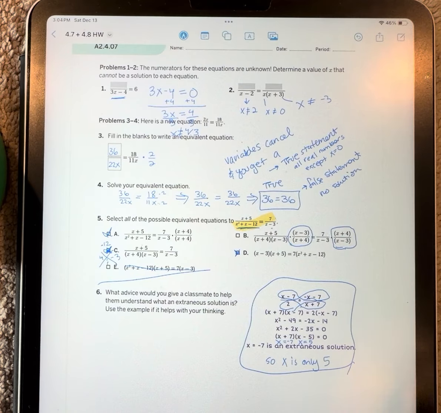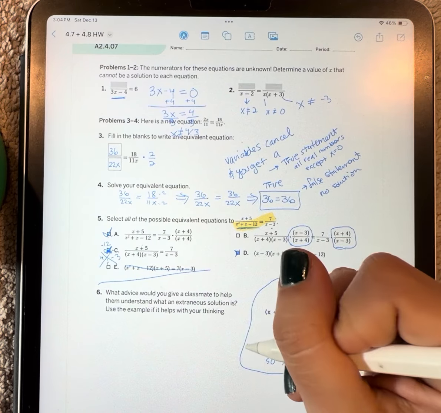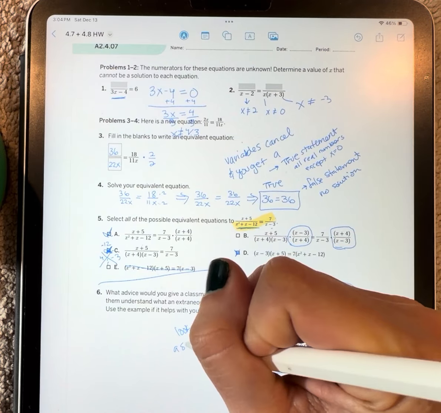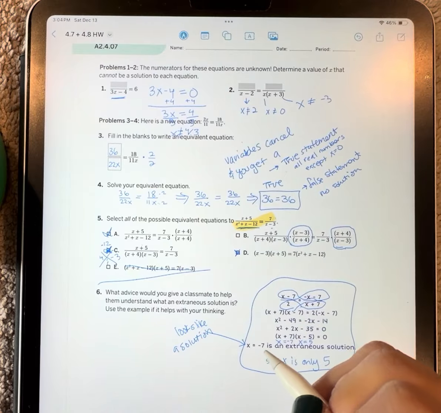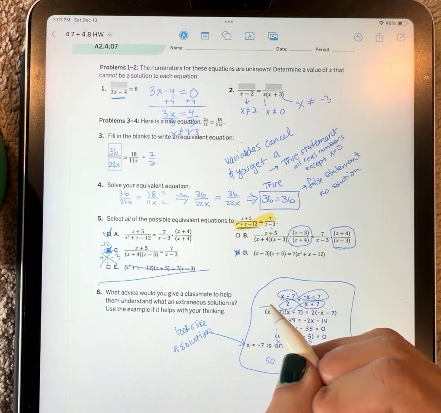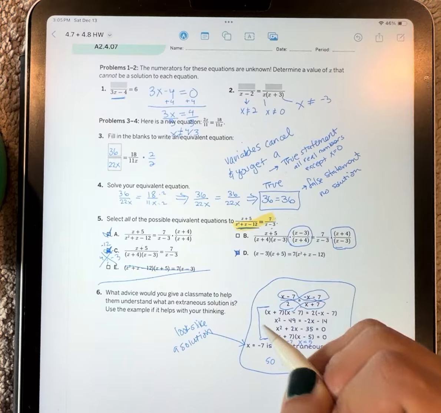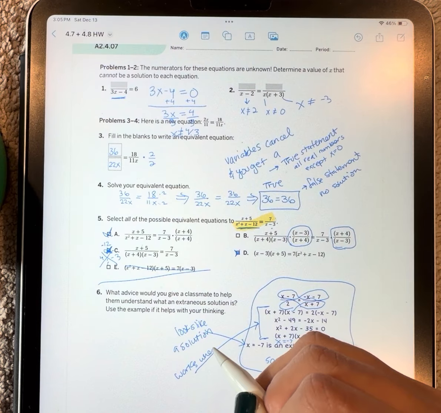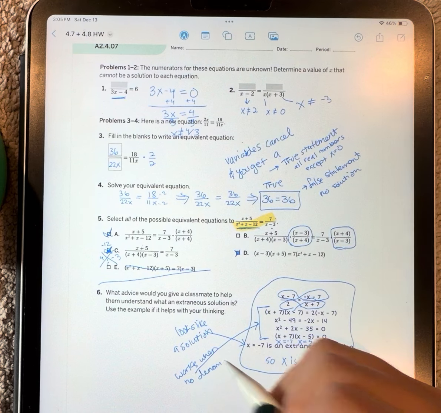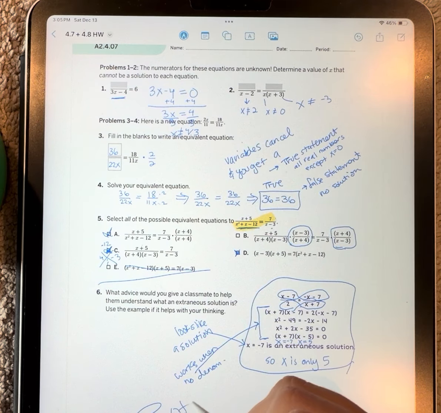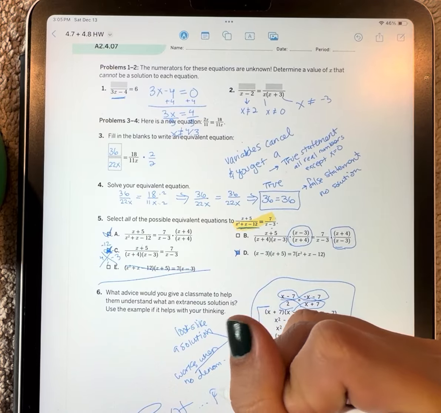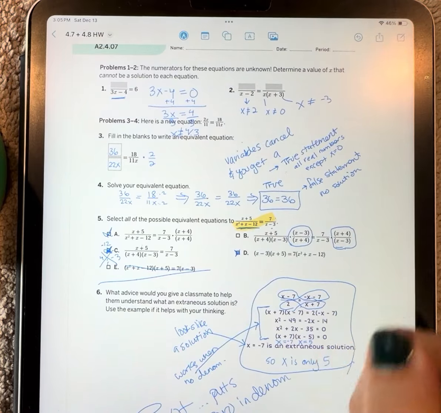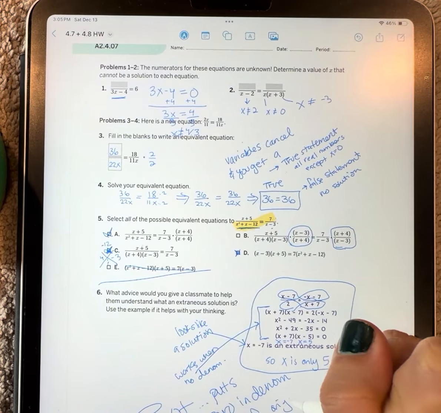Okay, let's explain what an extraneous solution is. An extraneous solution looks like a solution, works in all these steps where we have no denominators, works when no denominator, but puts a 0 in the denominator of the original problem.